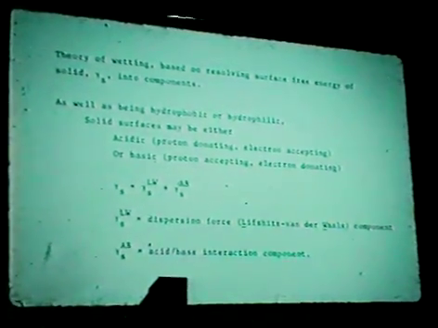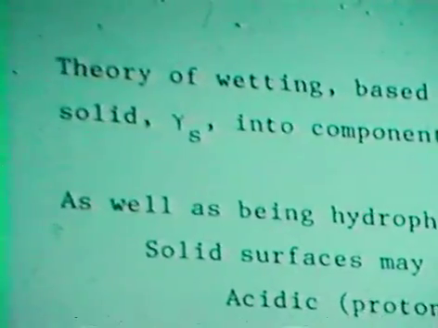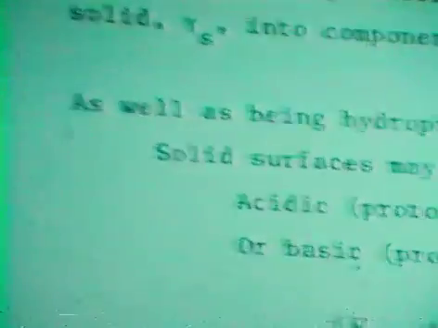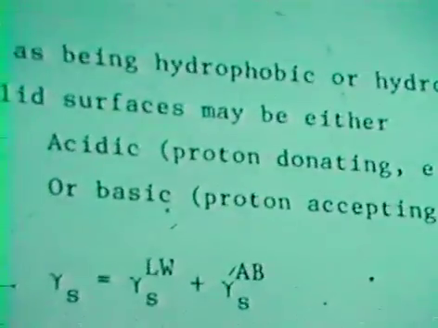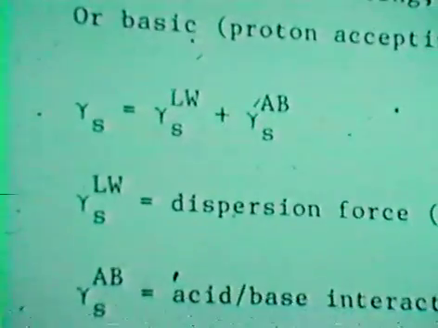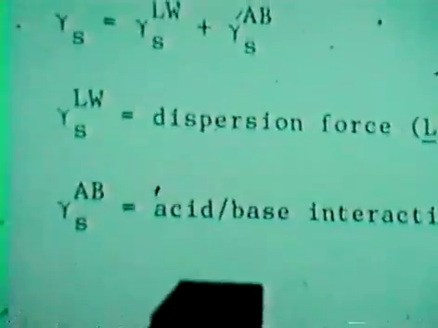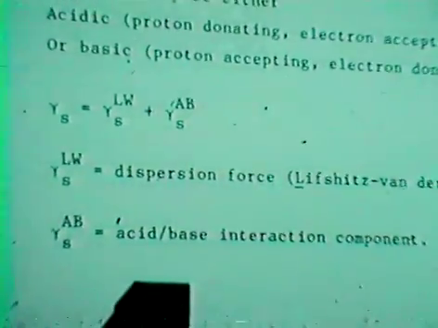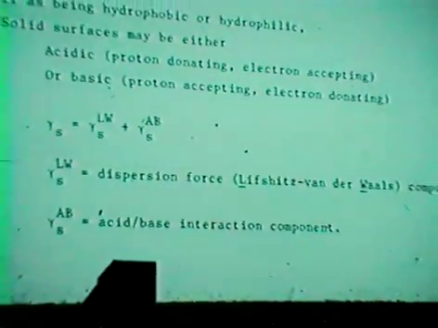Now, what my colleagues and I have been doing for the last few years has been interpreting wetting by resolving surface free energy into several components. This was based on the excellent insight of Fred Fowkes about a dozen years ago, in which he identified a solid surface free energy as having two components, an apolar component, which we call gamma S LW, LW for Lifshitz van der Waals.